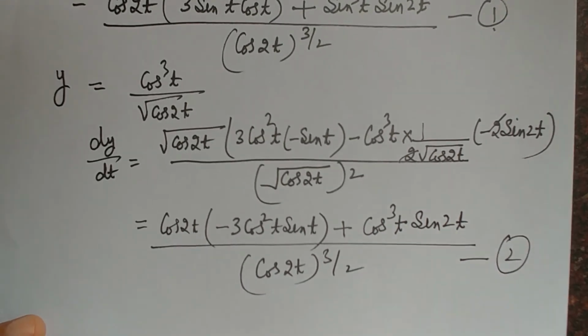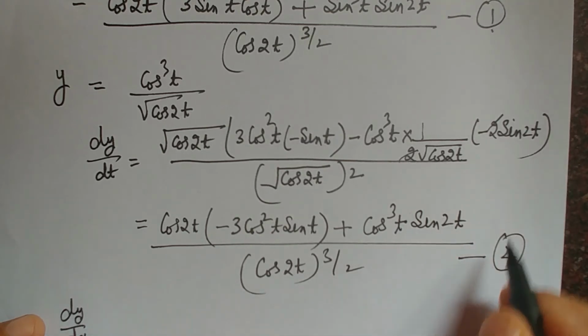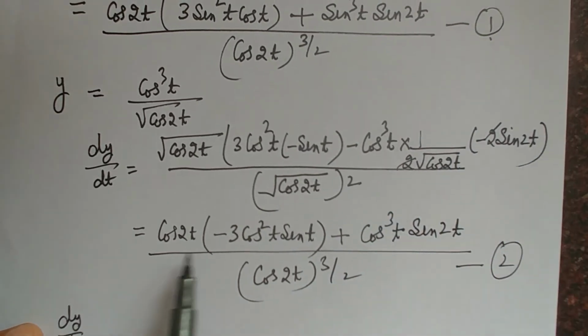Now to get dy by dx, I will divide 2 by number 1. So I'll just get the numerators.